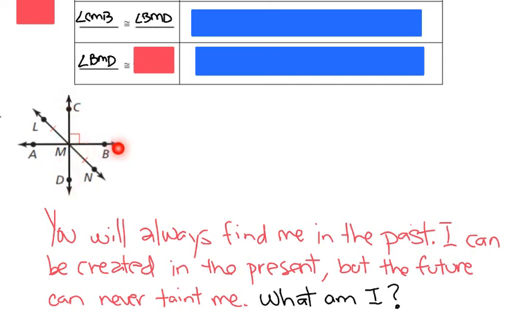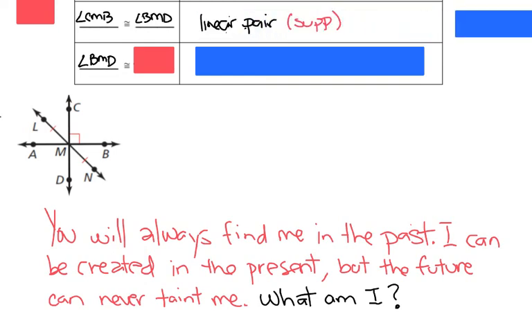If CMB is 90 degrees, and a linear pair adds up to 180, then we'd have to conclude that angle BMD would also have to be 90 degrees. So again, they're linear pairs because they're supplementary, but you also want to make sure that more specifically it's because of the right angle.